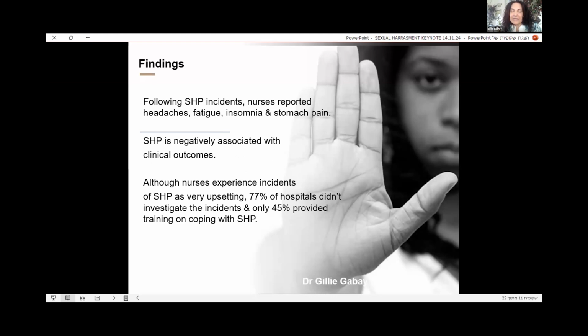Sexual harassment was negatively associated with reported clinical outcomes of the patients. And although nurses experienced the incidents as very upsetting, 77% of hospitals didn't investigate the incidents, and only 45% of hospitals provided training to the nurses on how to better cope with sexual harassment from patients.